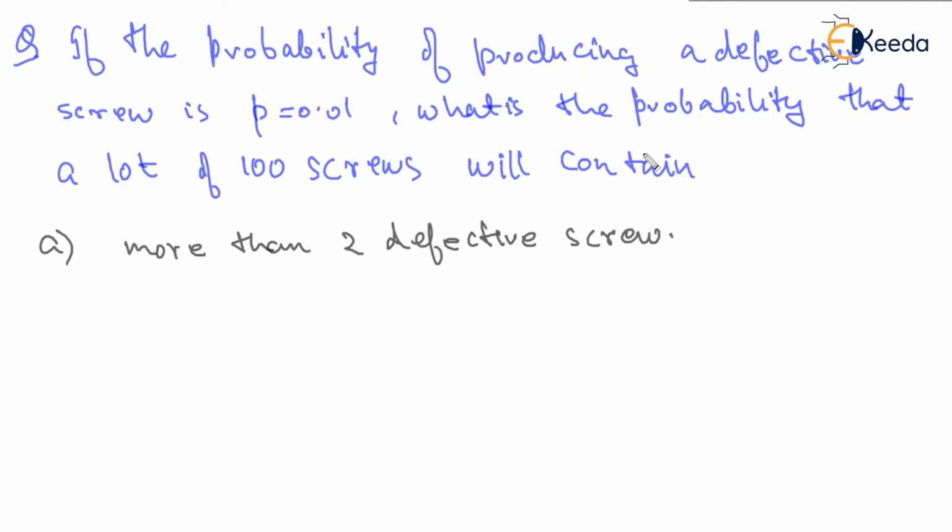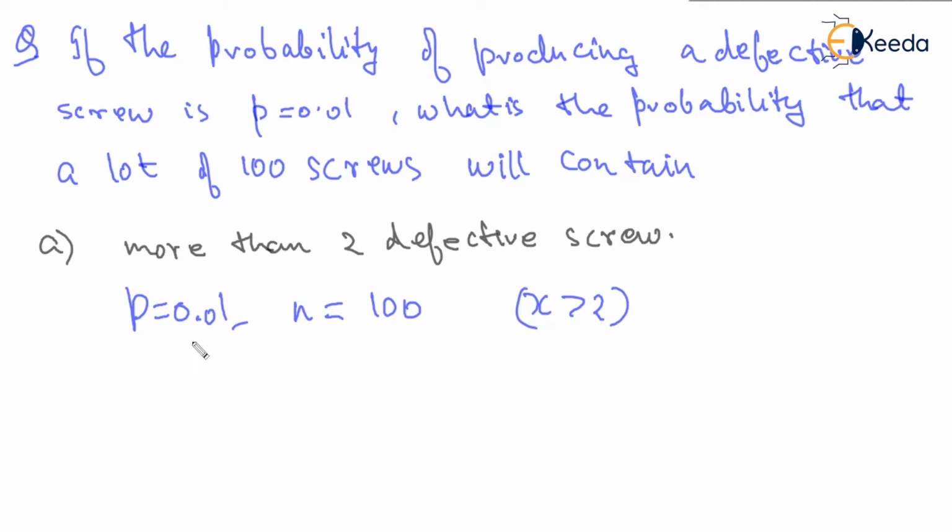In this case, we have to find the defective screw. So the rate of finding a defective screw is given as 0.01, that is the rate of success. So P equals 0.01 and the number of screws given is 100, that is the lot, and we need more than 2, so X should be more than 2.